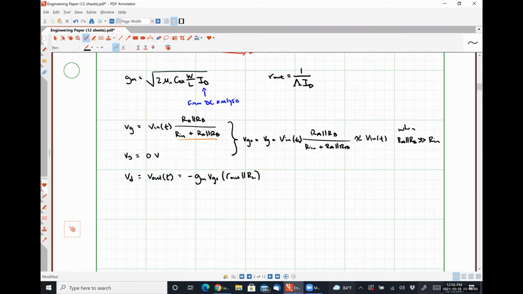So our common source amplifier is always going to act as an inverting amplifier. It converts a positive input signal to a negative output signal.